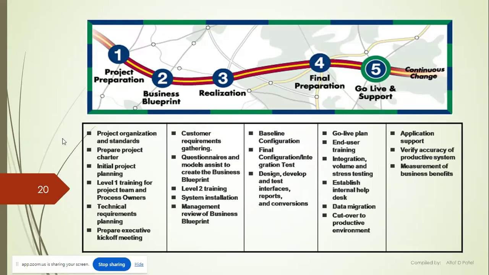So you prepare a project plan, level 1 training for the project plan, technical plan, and kickoff meeting. Then you put all your business processes like purchase to pay cycle, inventory management, how AP, AR and GL are maintained, or the profit and loss statement, MRP 1, MRP 2.